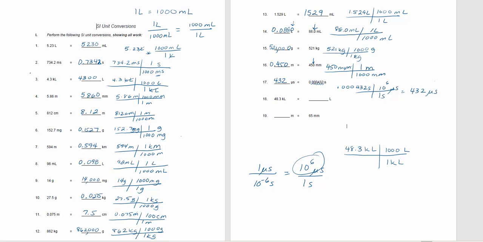So I'm going to multiply that 48.3 times 1,000 and get 48,300 liters. Millimeters to meters, 65 millimeters. There are 1,000 millimeters in 1 meter. So I divide my 65 by 1,000, I get 0.065 meters.